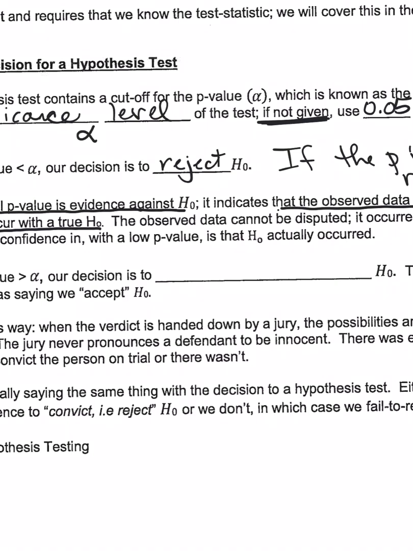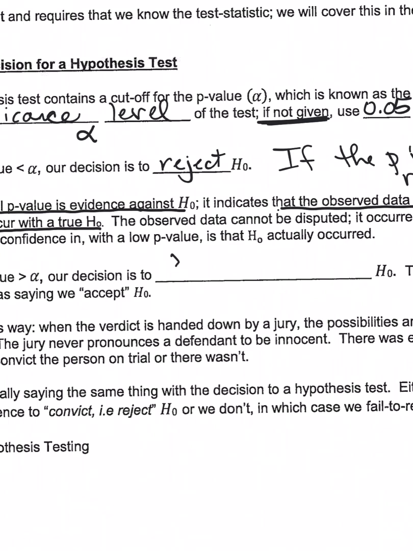If the p-value is greater than alpha, we never, ever accept. Take the accept out of your vocabulary. We reject or we fail to reject. Accepting is like saying it's the truth, the ultimate absolute truth. And is anything in statistics ever the ultimate absolute truth? No. Remember, we're shades of gray here, aren't we?